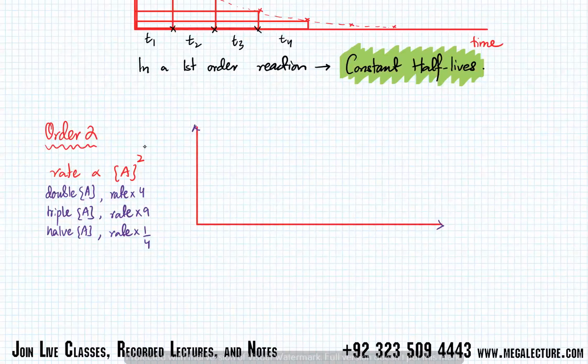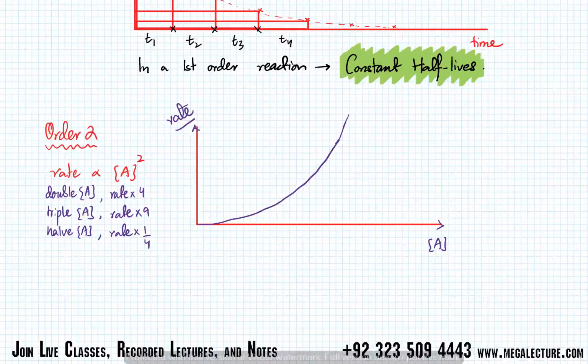Achha, now here the first graph, that was rate versus the concentration of A. Now this graph is probably going to be an exponential graph. Okay, so it's going to be an exponential graph. That's what y is equal to x squared looks like.